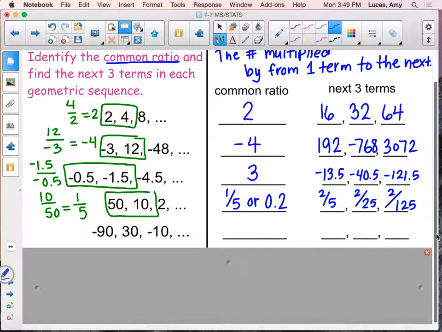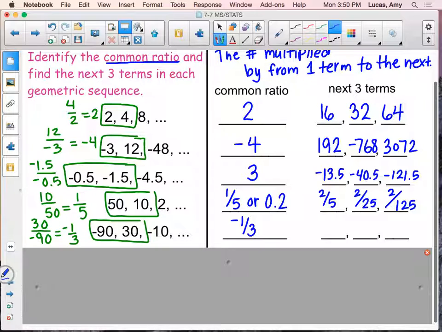Okay, our next one, we have 30 and negative 90. So 30 divided by negative 90 reduces to negative 1/3. I am definitely going to keep this one a fraction because it's a repeating decimal and I do not want to be rounding.